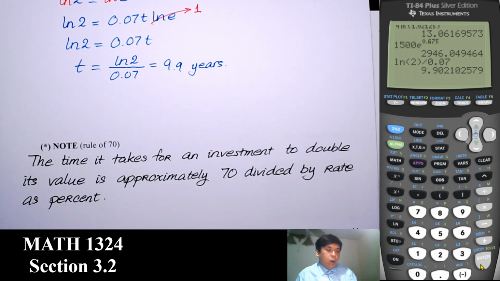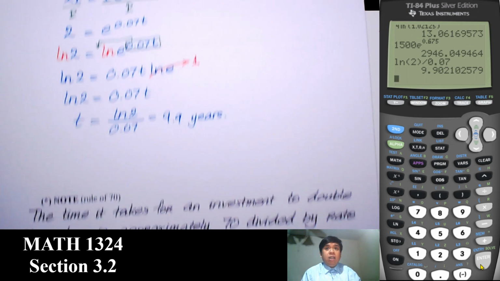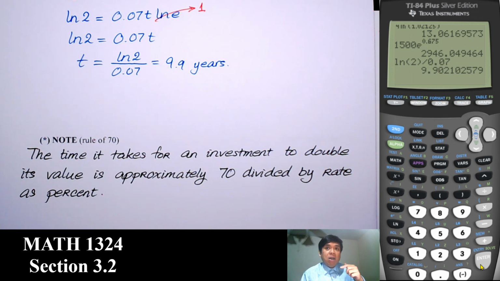So for example, in the previous problem we have 7%, and we take 70 divided by 7, that's 10 years. So that's a pretty good approximation, right?